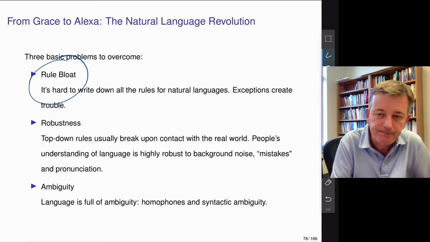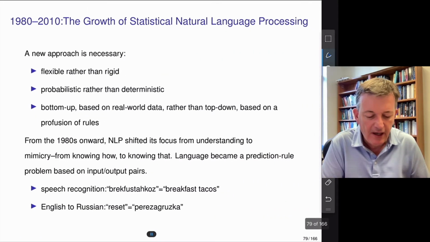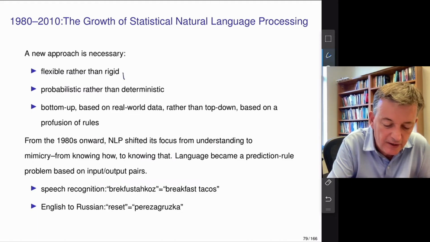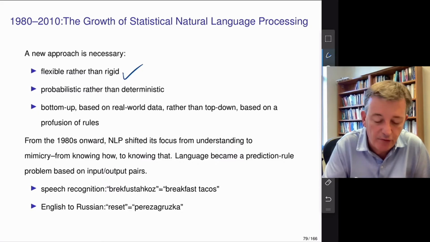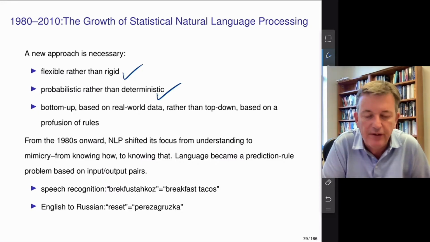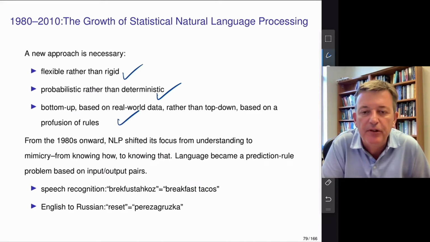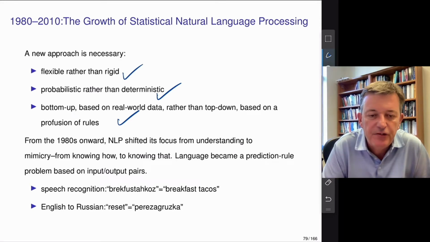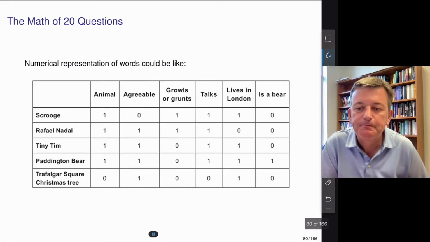The chapter to read is From Grace to Alexa. These machine learning models are much more flexible than these rigid hand-coded rules. They're probabilistic rather than deterministic, and they're more bottoms up. They're based just on empirical data sets rather than a profusion of rules. So speech recognition and speech translation are the big problems.